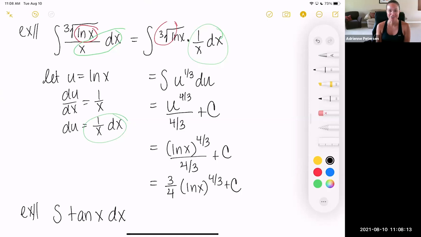Any ideas on how I should start? Your hint is eventually we will need to use u substitution.